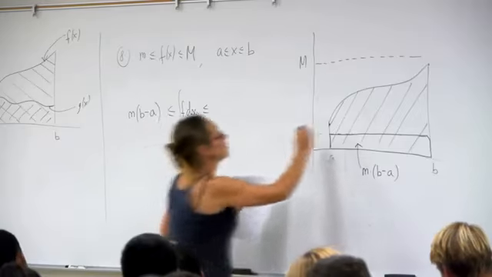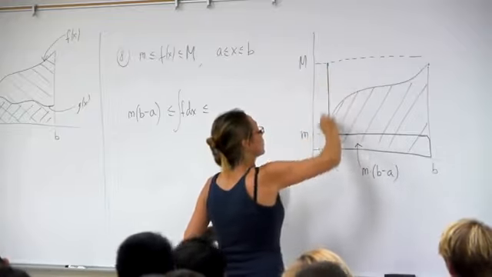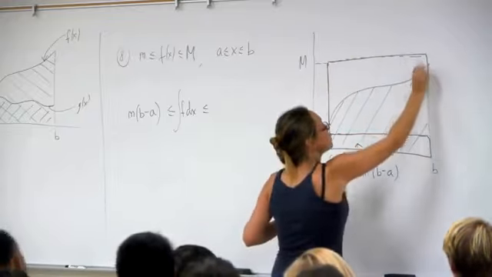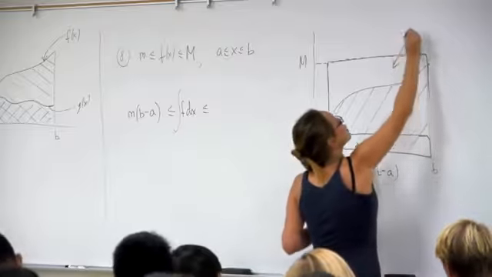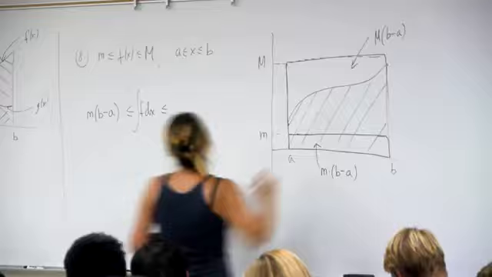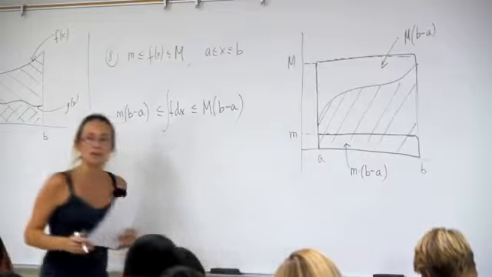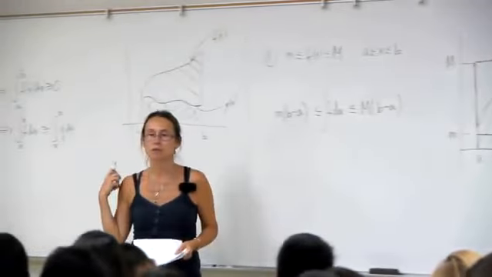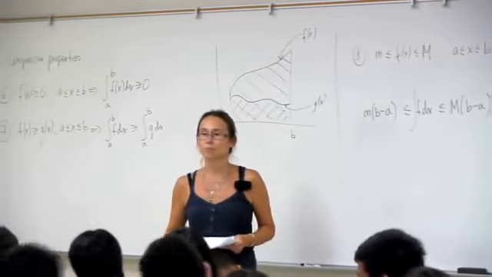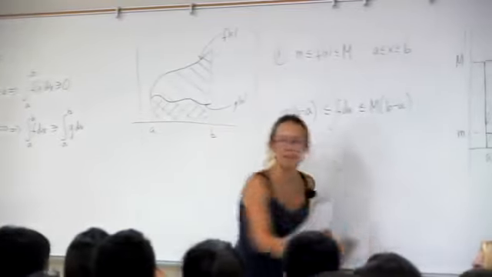On the other hand, let's consider the big box, this one. The area of this box is given by m capital times (b minus a), and it completely contains the integral. So I can have this bound, the upper bound on the integral. So I will illustrate this with an example, and then I'll let you go. Okay?